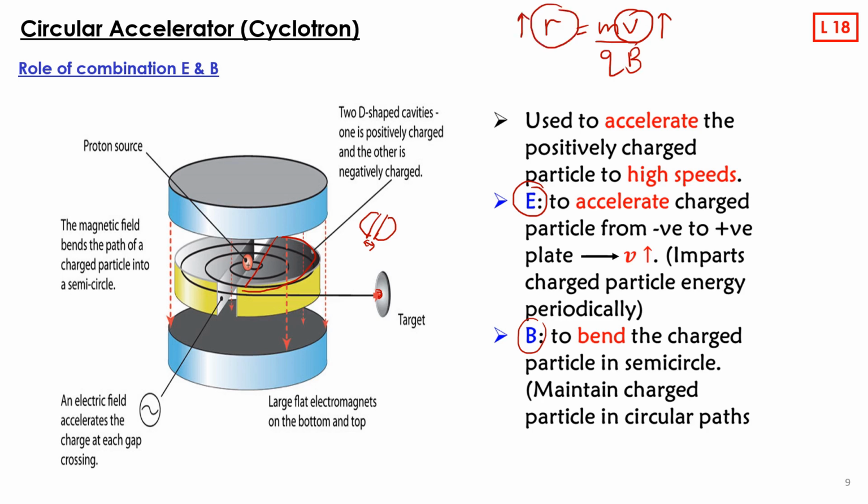So it goes through the gap, velocity increases, radius increases. It crosses the gap, more velocity, radius getting bigger, crosses the gap again, accelerates, then a bigger radius, and in the end it will reach the maximum radius that it can achieve and go in a straight line to hit the target.